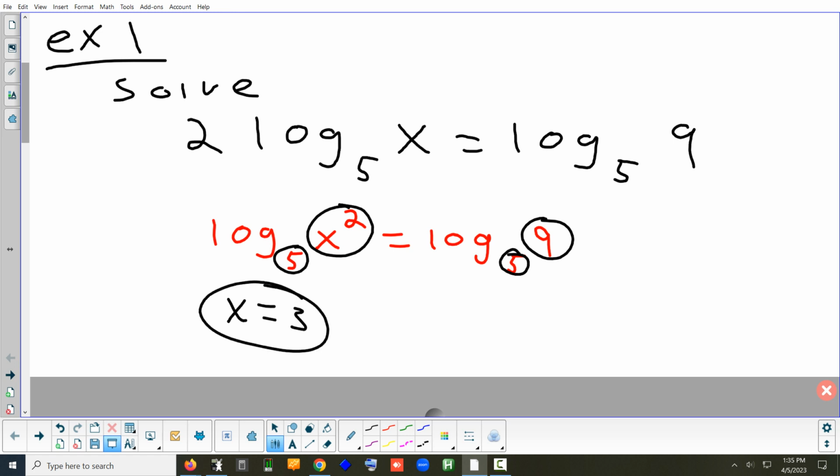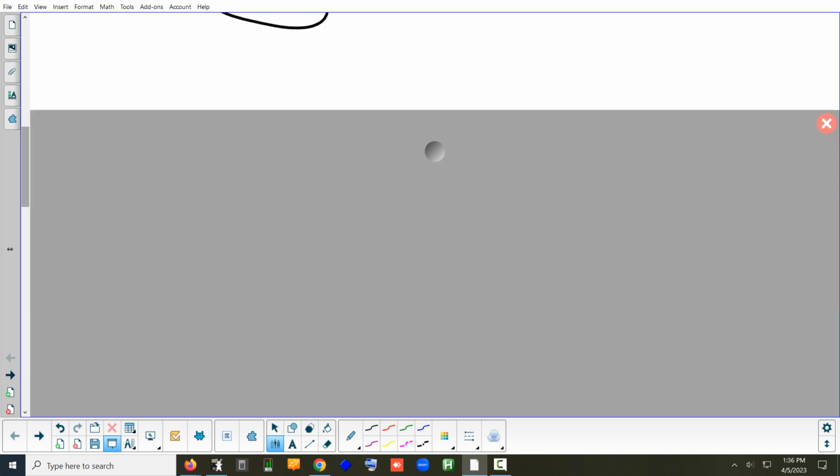That's the answer to that one. So if you fill 3 in, you're going to get 9. And then you'd have log base 5 of 9 on the left, log base 5 of 9 on the right. Any questions on that one? So not really a lot to that one.